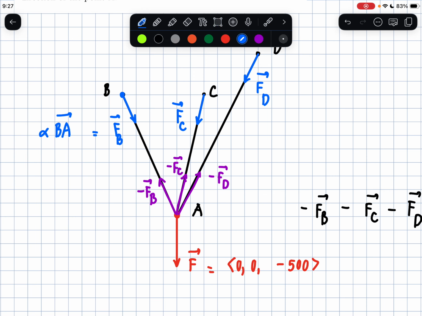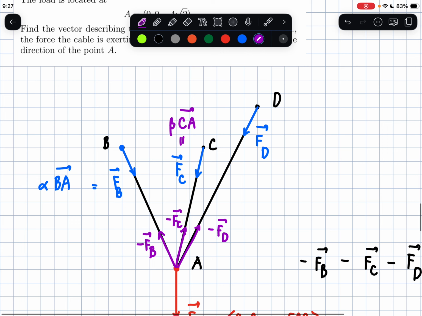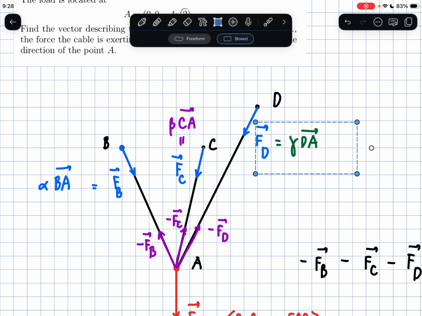Similarly, let me call this beta times CA, and the other one gamma times DA. So we have 3 vectors.